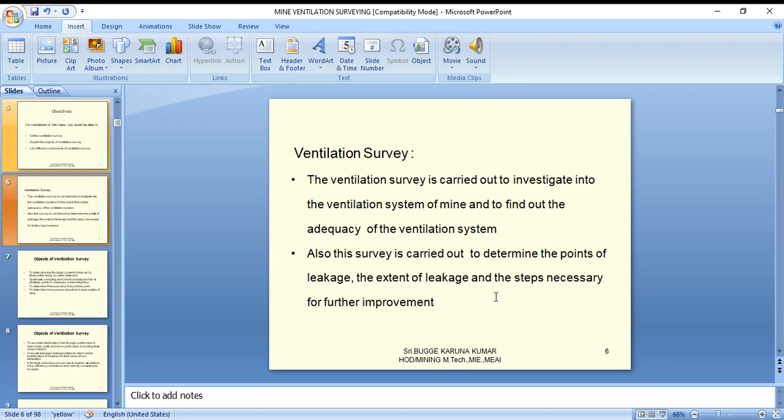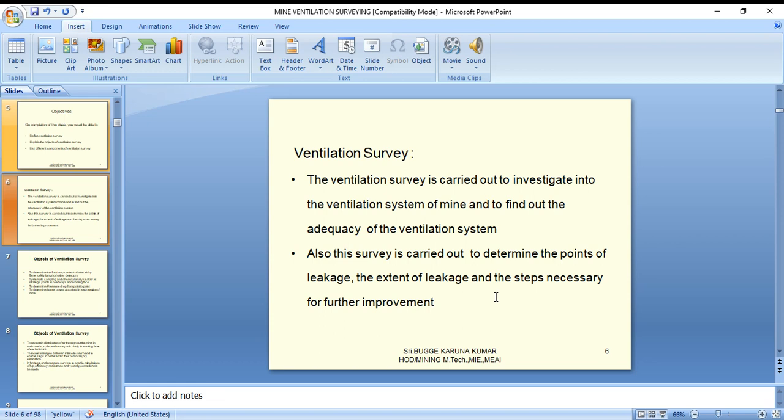Ventilation survey. The ventilation survey is carried out as an investigation into the ventilation system of a mine and to find out the adequacy of the ventilation system. Also, the survey is carried out to determine the points of leakage, the extent of leakage, and the steps necessary for further improvement.